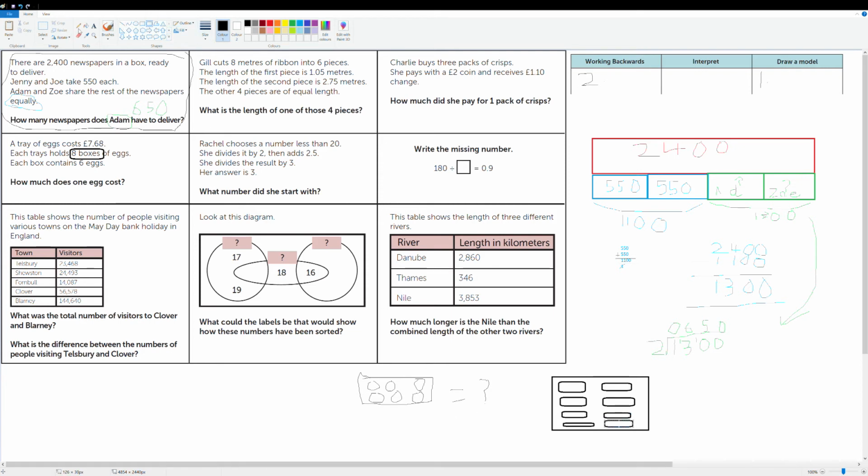Okay, so I've got 8 lots of that. This costs £7.68. Draw my pound sign on there. Just put a line here so we know we're not getting confused. So I know that 8 times this is equal to £7.68.